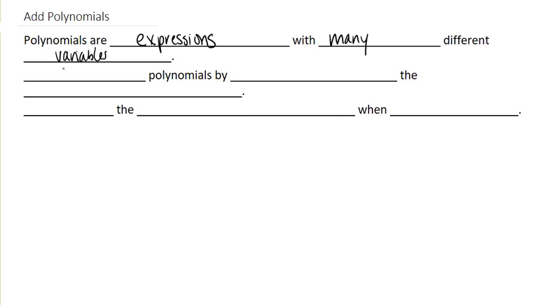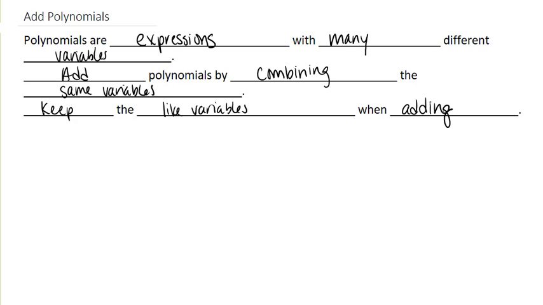And so we will add polynomials by combining the same variables. And then we will keep the like variables when adding. So let's look at an example.